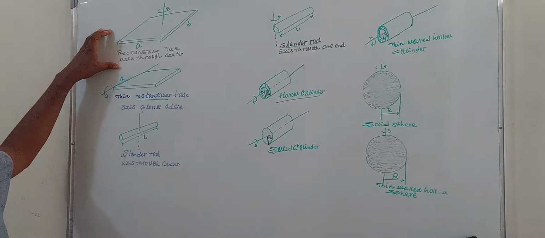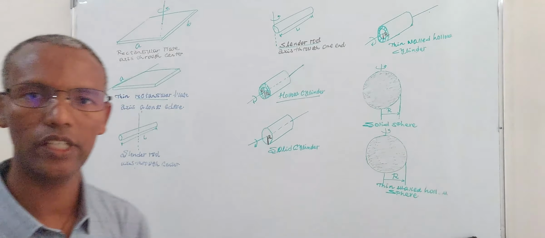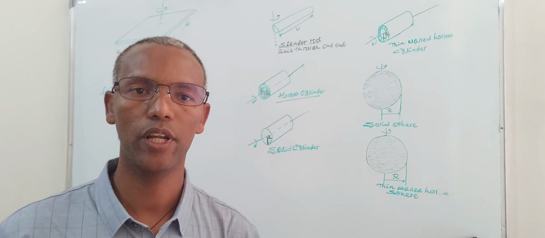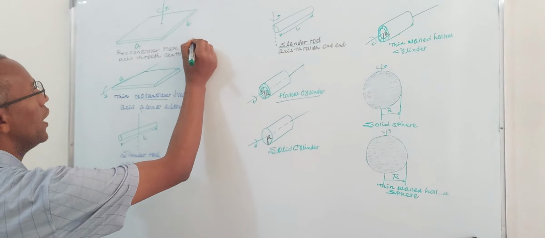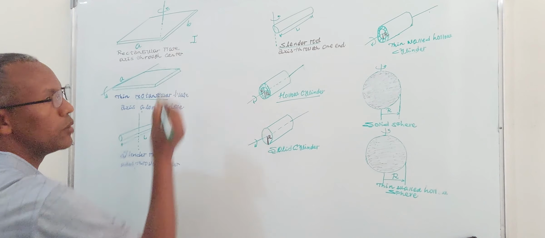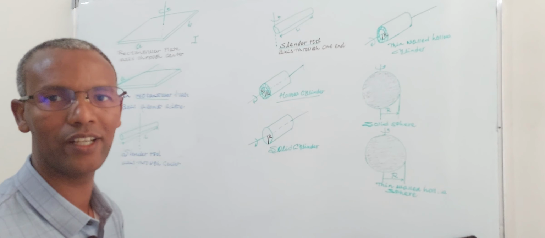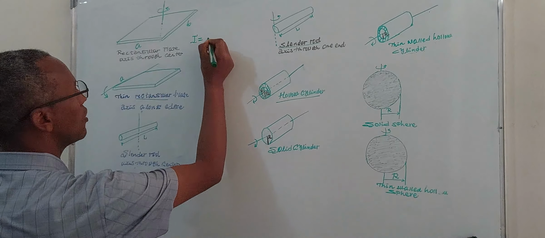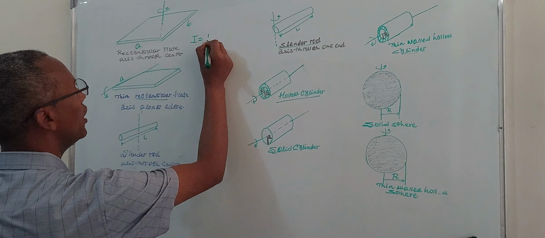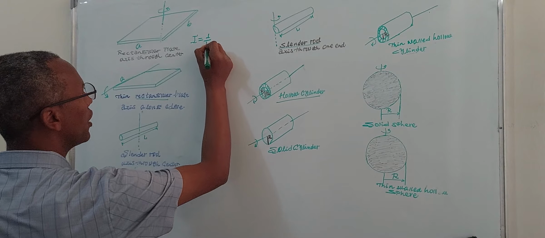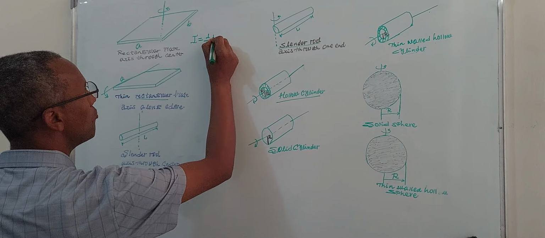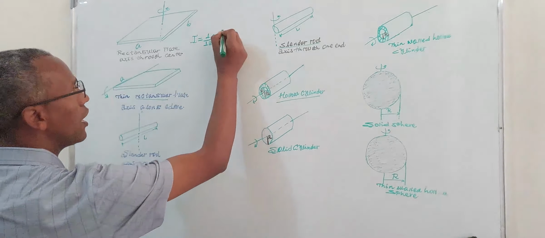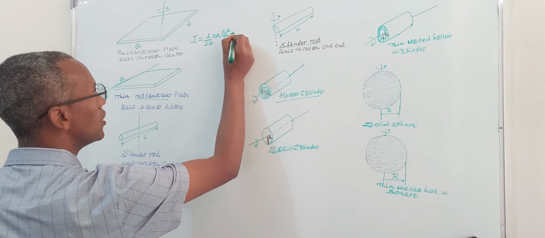Now the moment of inertia of this rigid body, the rectangular plate, is I, the moment of inertia, and I believe everyone is familiar with that. So I is equal to 1 upon 12 times the mass times (a square plus b square).